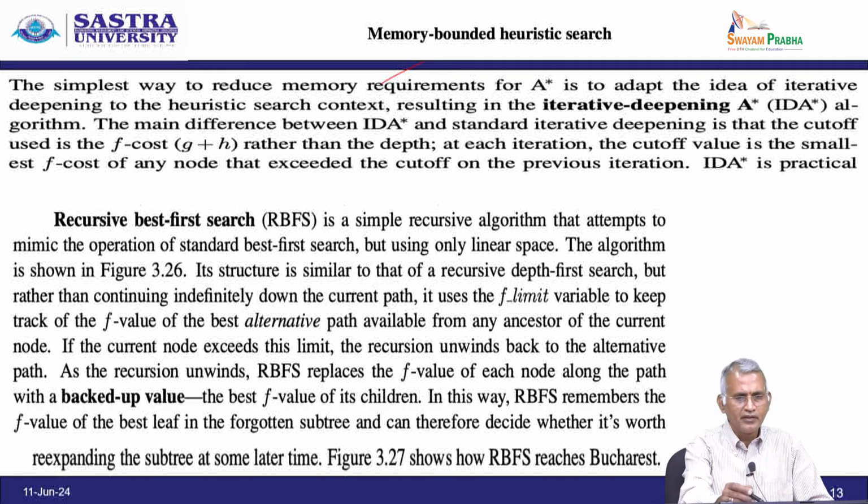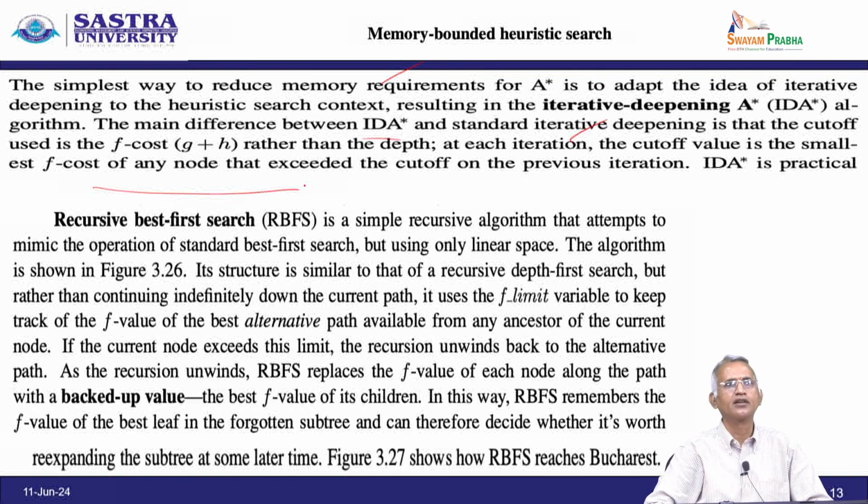The main difference between IDA star and standard iterative deepening is that the cutoff used is the f cost, g plus h, rather than the depth at each iteration. The cutoff value is the smallest f cost of any node that exceeded the cutoff on the previous iteration.